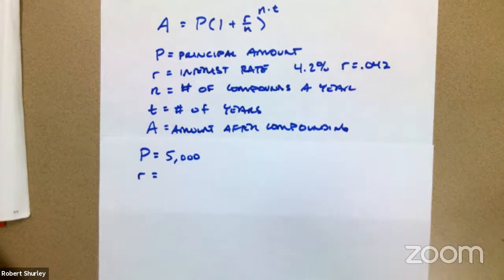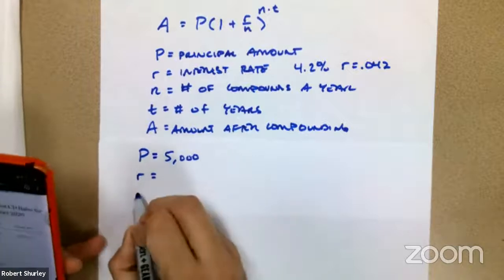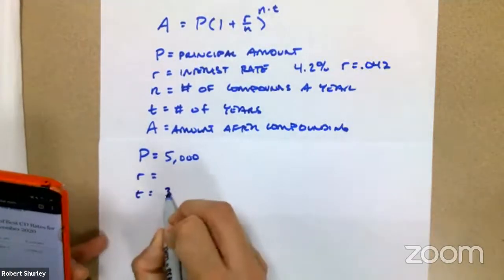Okay, here we go. I'm going to try to find the best one I can: best CD rates for November 2020. We'll do 3 years, so T is going to be 3 years.